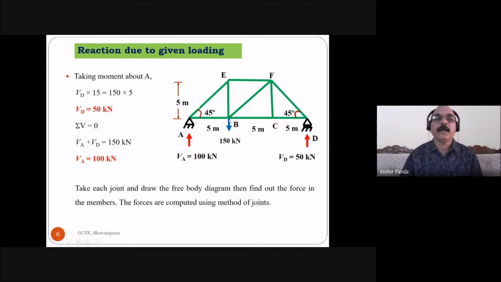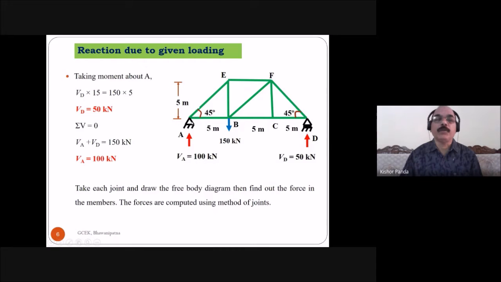By considering the given loading, you have to find out the reaction at A and the reaction at D. Let us take the reaction at A as VA, and the reaction at D as VD. You know this is an eccentric loading, so you have to take the moment about one support.